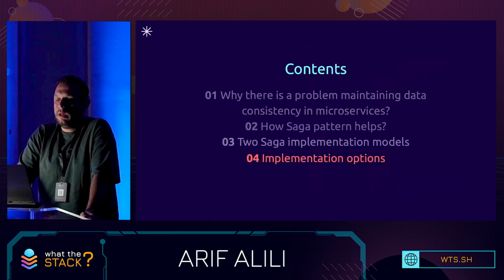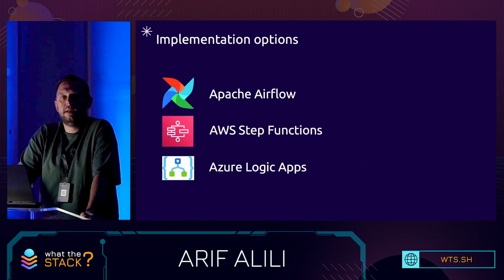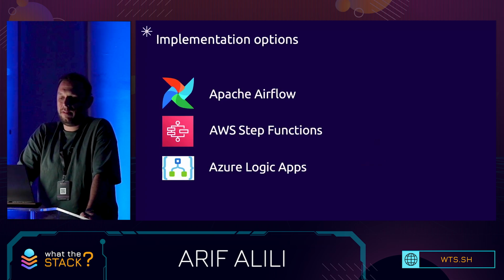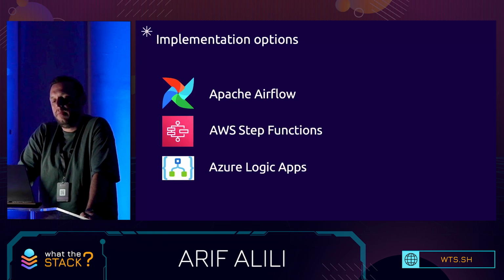What are the implementation options? As I mentioned earlier, while implementing this Saga pattern in a world of cloud, the limitation of orchestration is, for sure, we cannot say that we can scale as much as we want, but hitting those limits is quite hard.